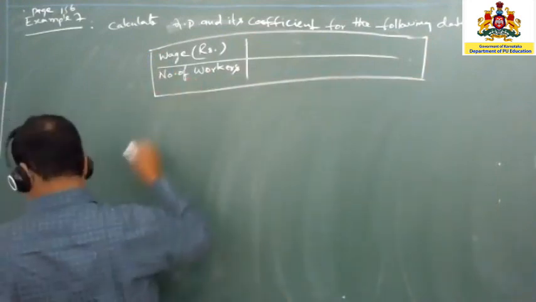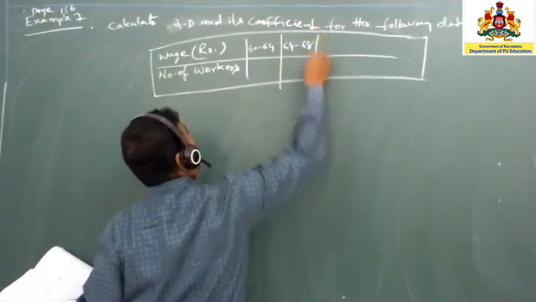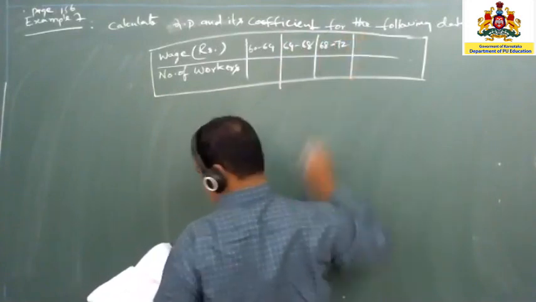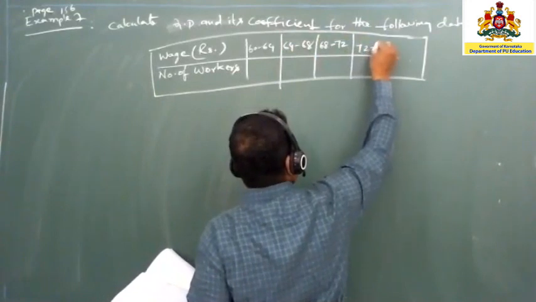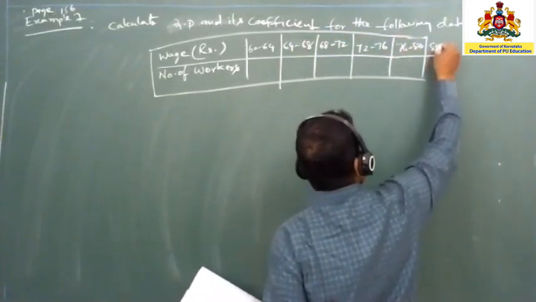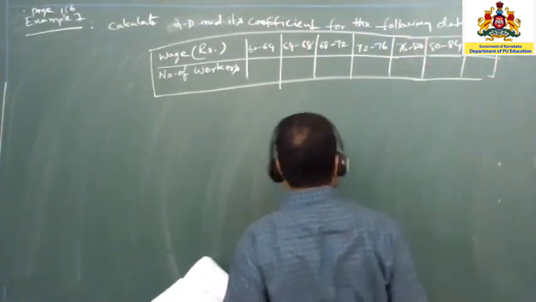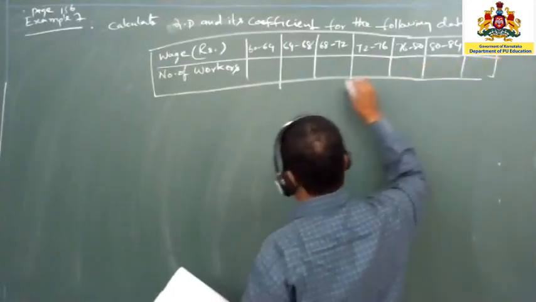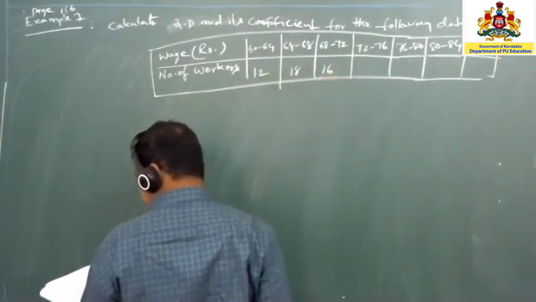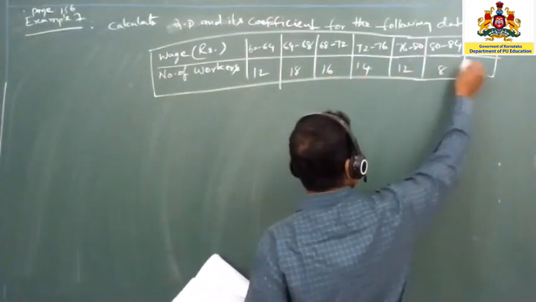Wages: 60 to 64, 64 to 68, 68 to 72, 72 to 76, 76 to 80, 80 to 84, 84 to 88. Frequencies: 12, 18, 16, 14, 12, 8, 8.